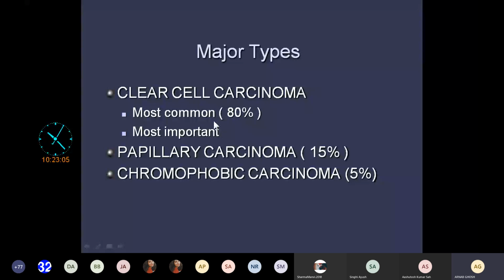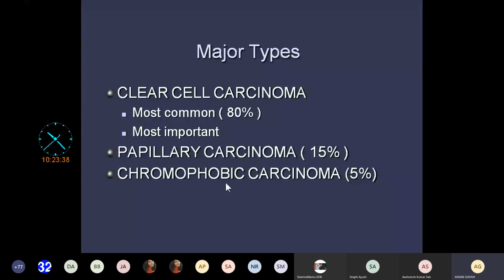So 80% of all renal cell carcinomas are of this type, clear cell carcinoma. And as I said, this is the most important and most common one. The other two types: the second one is papillary carcinoma, 15%, and the least common type is chromophobe carcinoma. You can call this chromophobe or chromophobic, both are okay. Chromophobe means what?